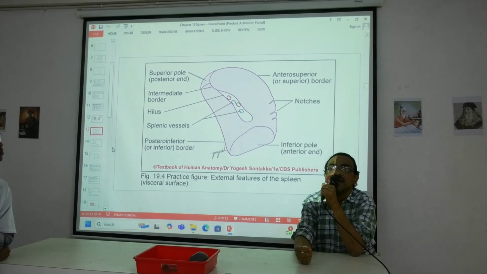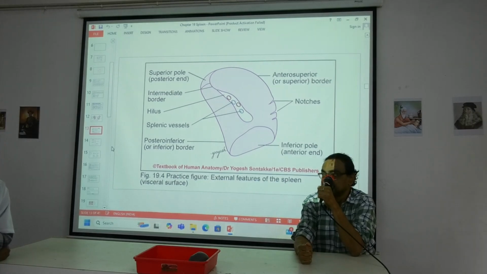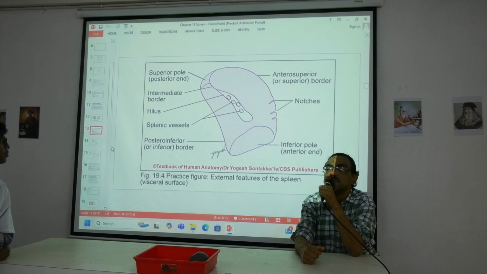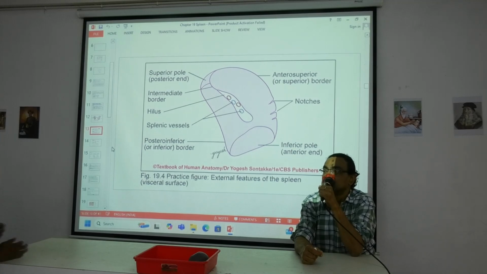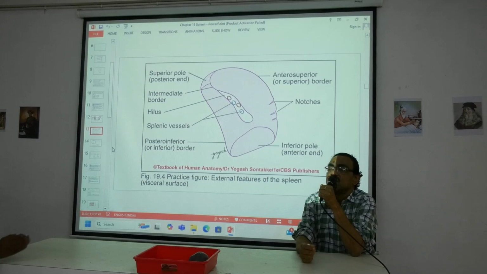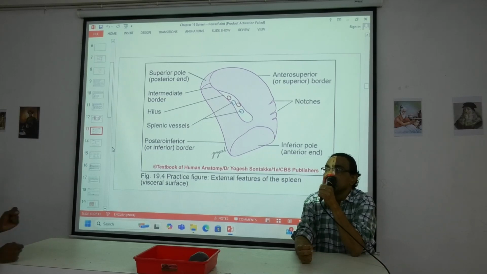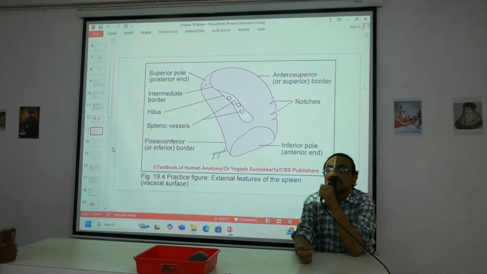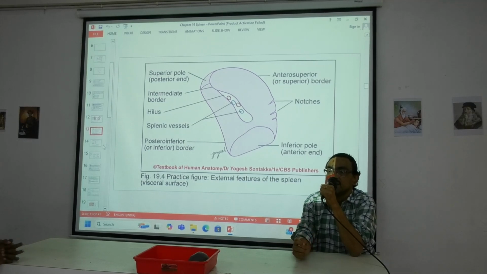That is called the lienophrenic ligament. So that is also called the suspensory ligament, and the phrenico-colic is called the suspending ligament. So there are some ligaments.